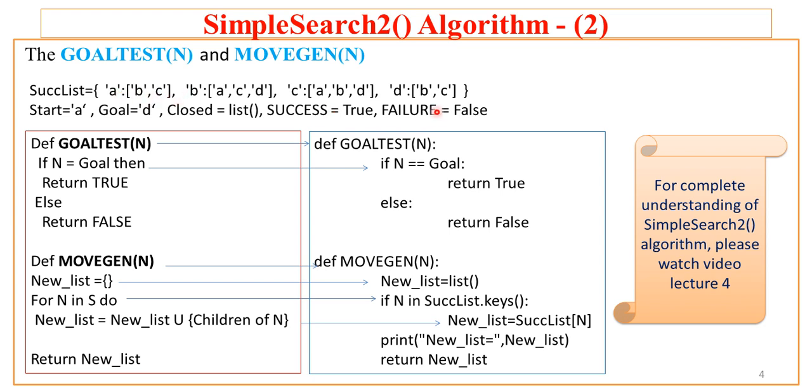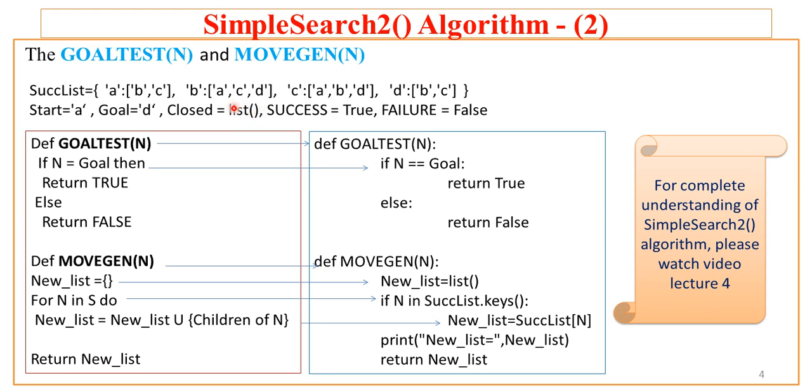This is the global data structure, and again we have a global variable, start, which keeps track of the node at which we have to start. Then goal represents the goal which is to be found by traversing the state space. Close is initially empty, a global list variable.